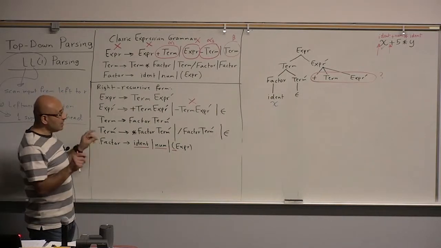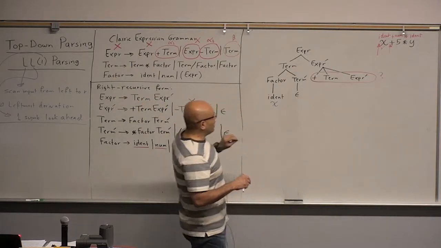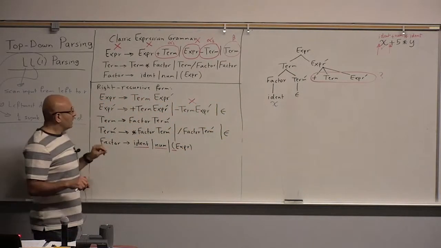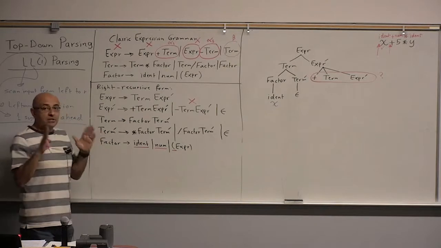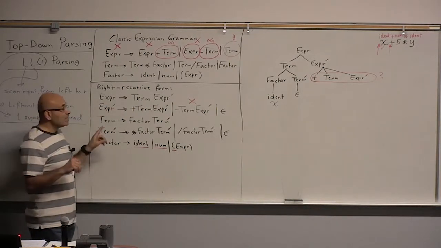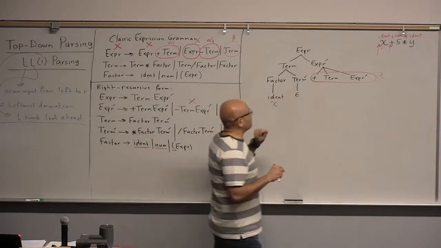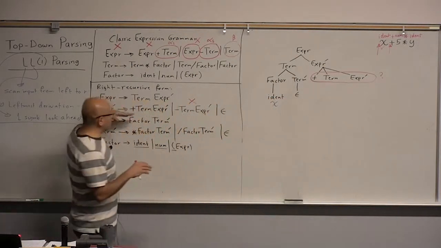So generally speaking, and this is something that we will discuss in detail when we look at the conditions under which this kind of parsing will work, the point here is to look at the possible substitutions.